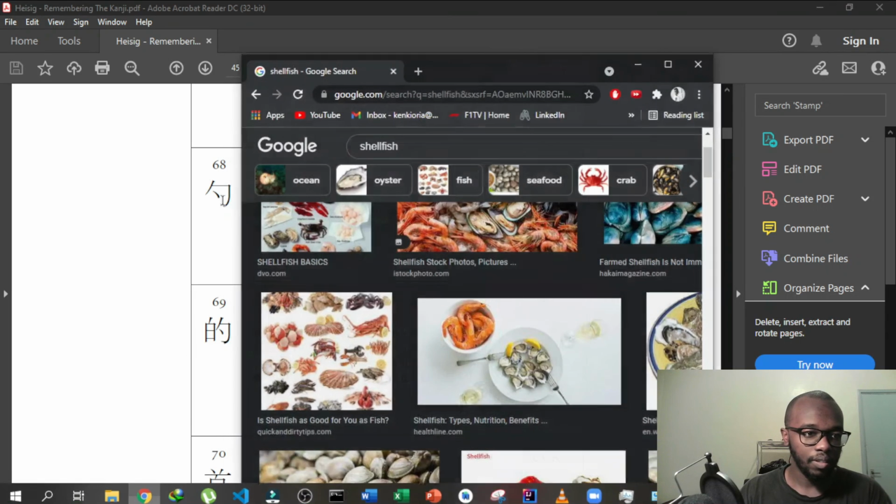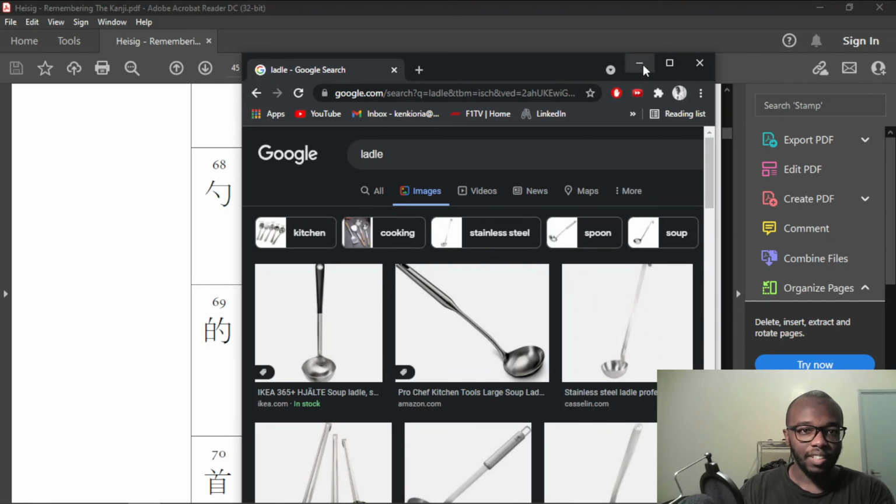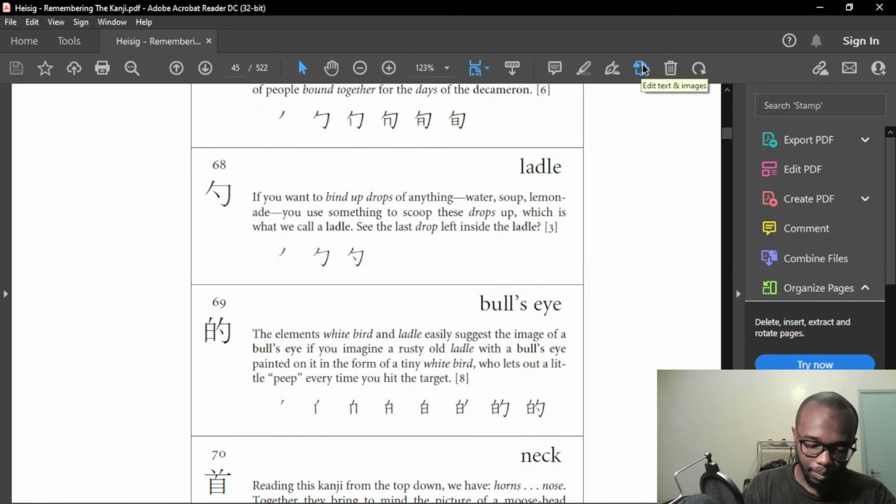What is ladle? Yes, that's correct. So, using a ladle to scoop drops of water. Ultimately, this binding thing is crazy.